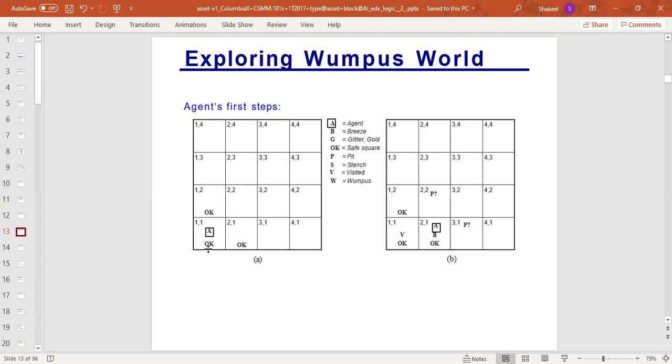And we know that by default, this room is safe for the agent. So in the room we are going to add the symbol OK to say that the room is OK to be in. So the room is safe.